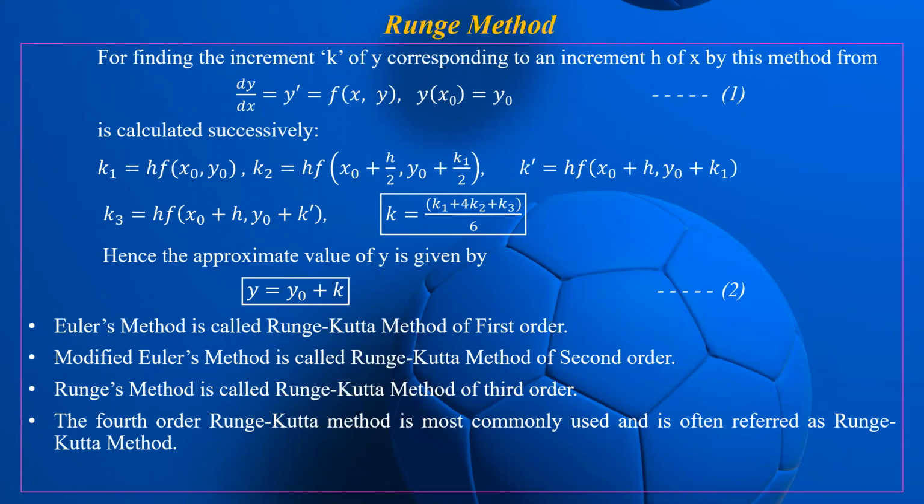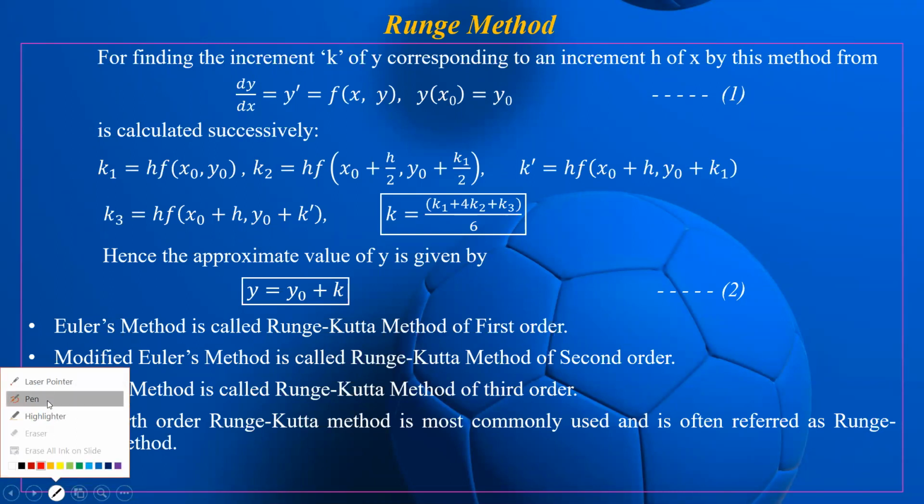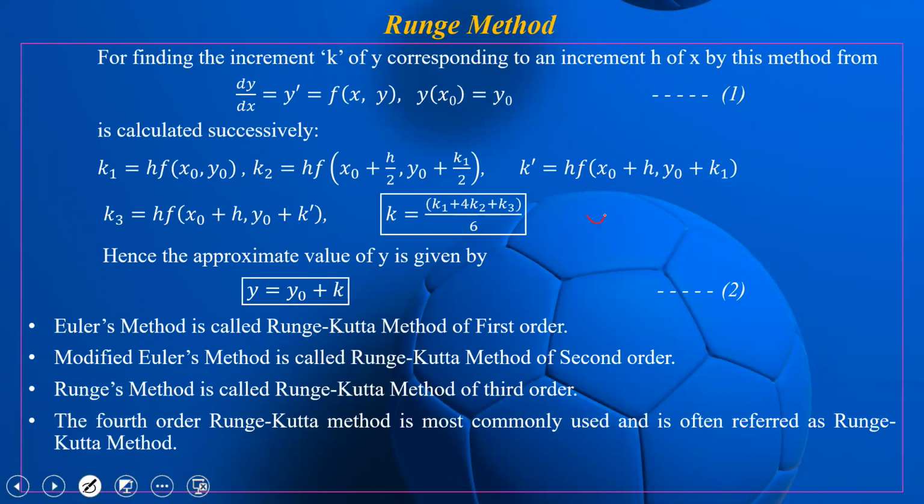So today let us see one more example and two more methods. One is called the Runge method. For finding the increment k of y, what is our aim? Suppose we want to find y plus k. It is our y1; y1 is equal to y0 plus k.